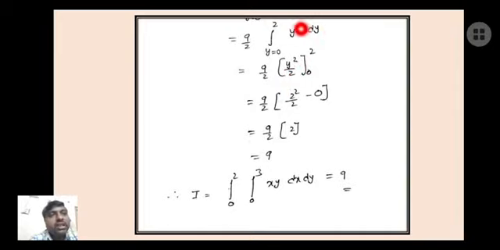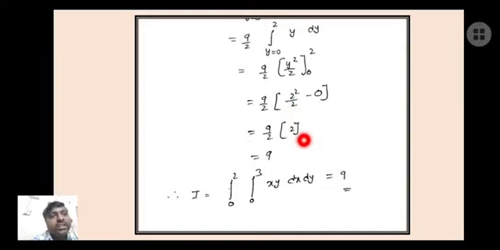So it looks like a definite integral of a single variable function, so we directly simplify that one. 9 by 2 into, the integration of y is y square by 2 under the limits 0 to 2. Now once again you replace the limits. 9 by 2 into, you replace the upper limit 2 square by 2 minus the lower limit 0.